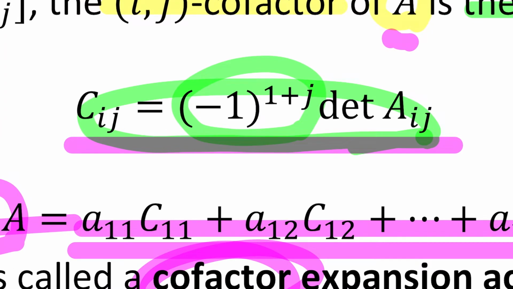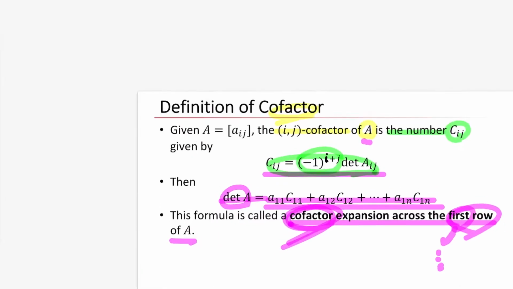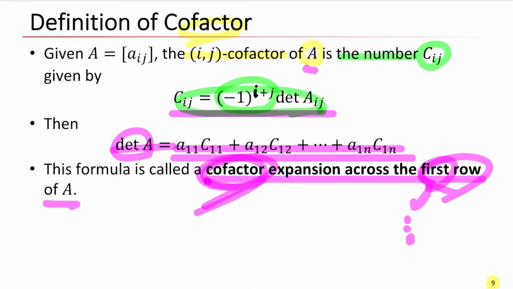In this case, this should be i, because this term is defined on the i, j entry, so c_ij is equal to (-1)^(i+j) times the determinant of A_ij. So I have to fix this one.